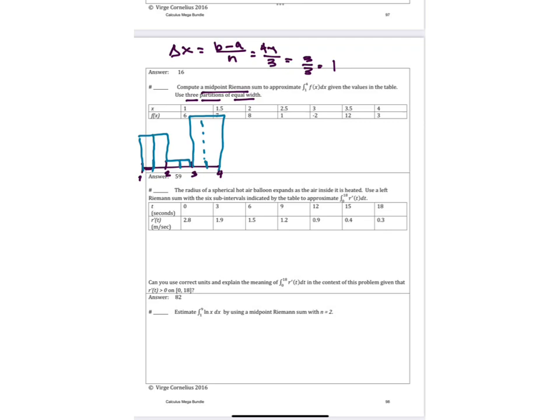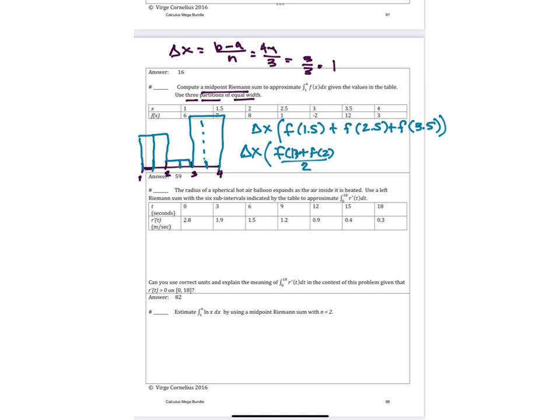Good question. So the actual write out of this is going to be delta x times f of 1.5 plus f of 2.5 plus f of 3.5. And I'm kind of hesitant to already jump to this step. What I feel like initially would have been ideal is delta x times f of 1 plus f of 2 over 2. You know what I'm saying? No, wait.